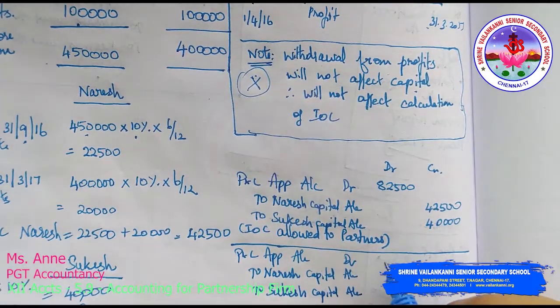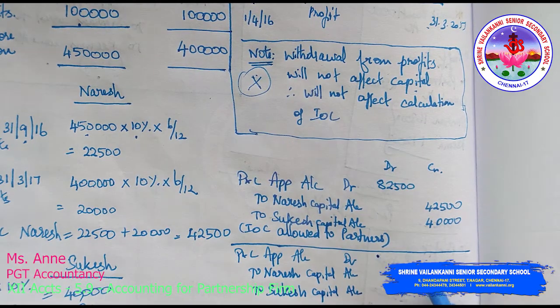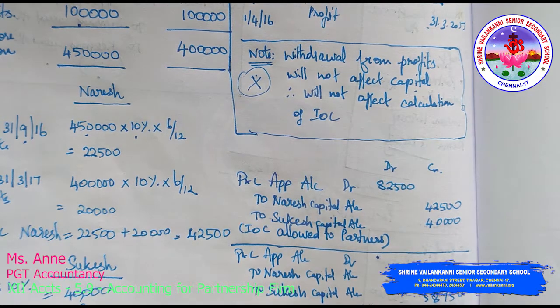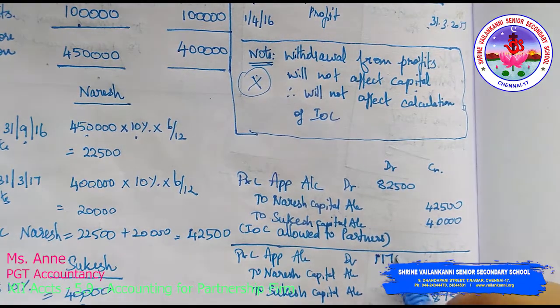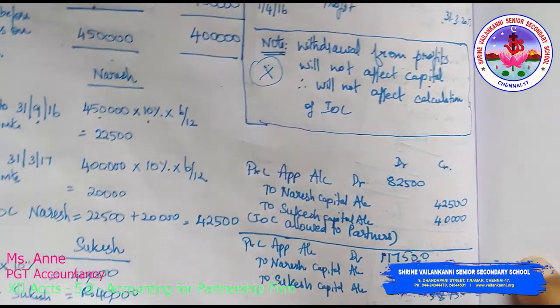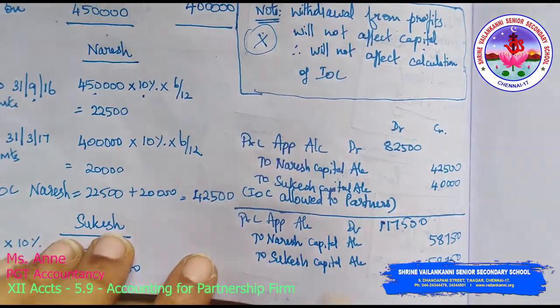So total is 1,17,500, individually 58,750 each. How did I get this 1,17,500?